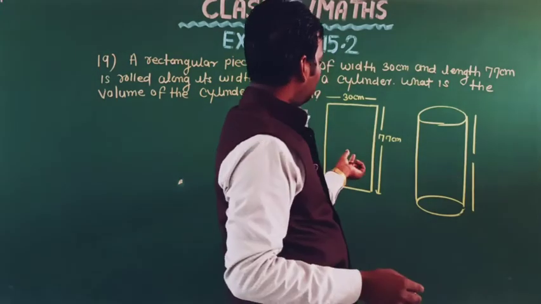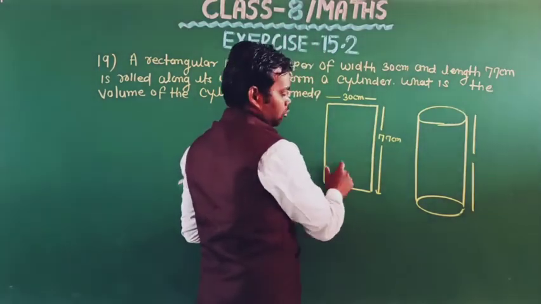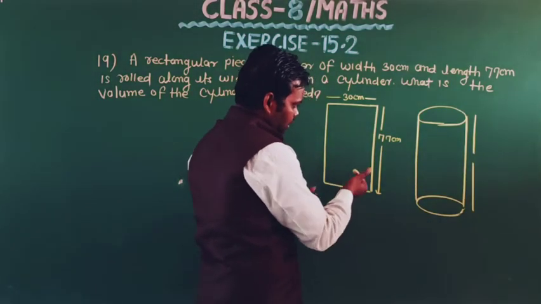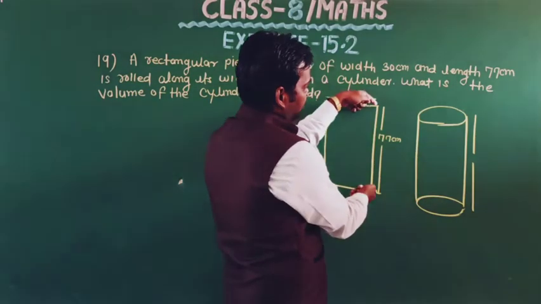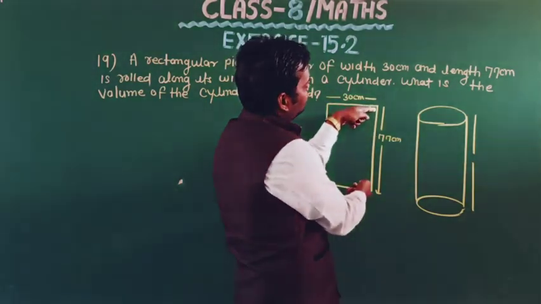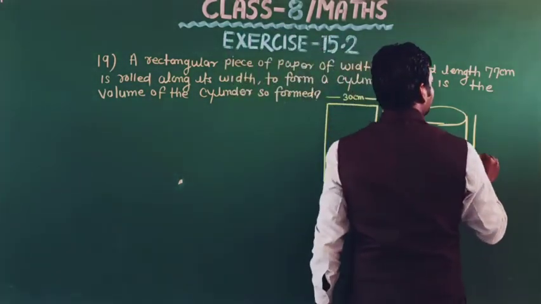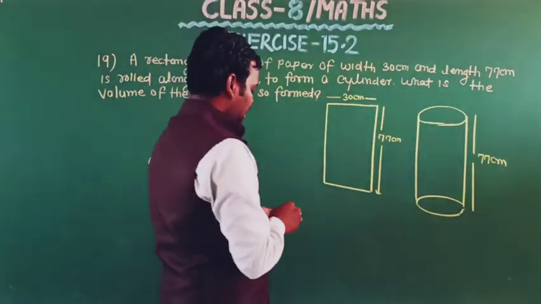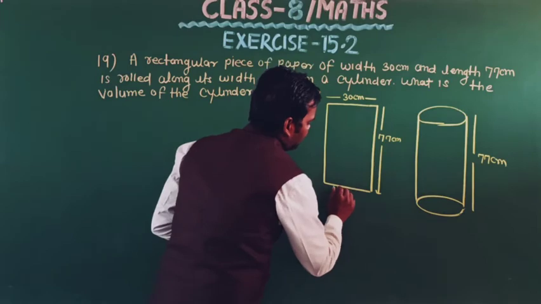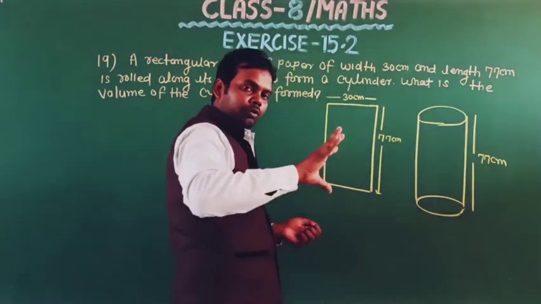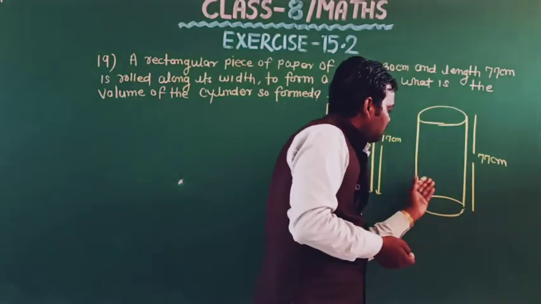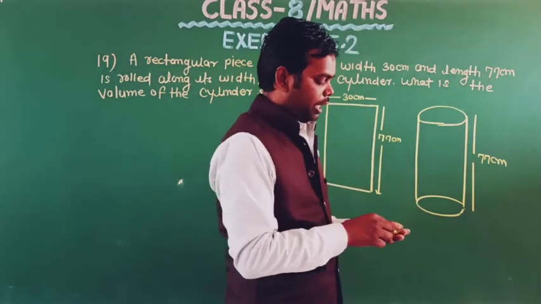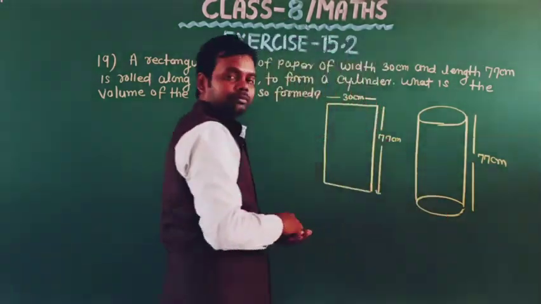Suppose this is a rectangular piece of paper and we roll it from its width. The cylinder formed has the same length, 77, so 77 becomes the height of the cylinder, and since it is rolled along the width, the width becomes the circle of the circular base of the cylinder.